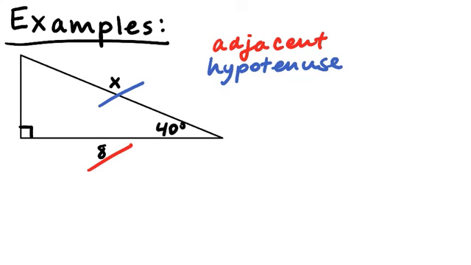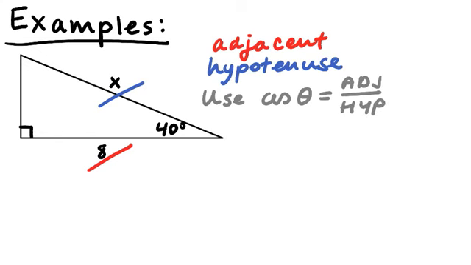If I use SO, no, that's O and H. Do I use TOA? No, that's O and A. So it's got to be CA, right? So I'm going to say cosine is adjacent over hypotenuse. I'm going to use the fact that cosine of theta is equal to adjacent over hypotenuse. That's how I'm deciding which trig ratio to use.